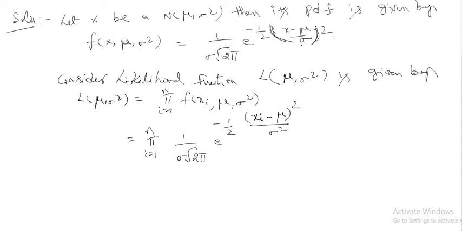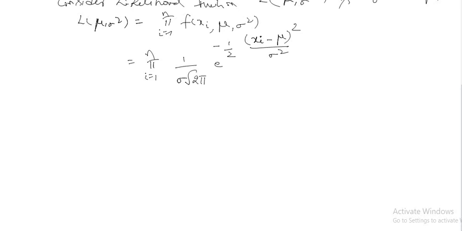Now expand it through i equals 1 to n. Then we'll see what it becomes. 1 by sigma root 2 pi e power minus 1 by 2 (x1 minus mu)^2 by sigma square, in place of i just put i equals 1.